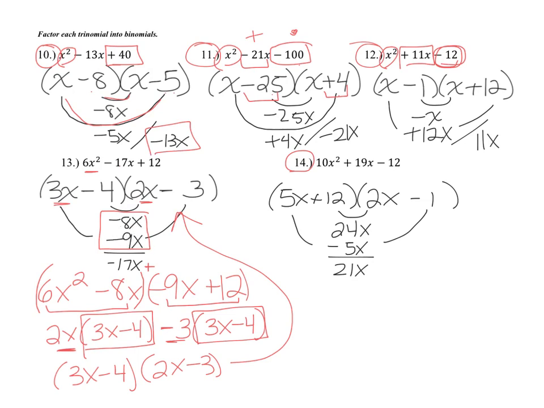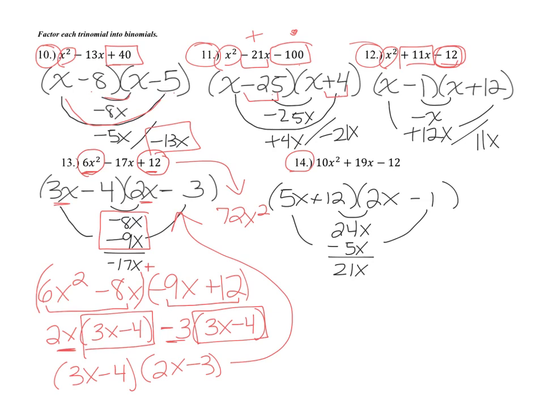Negative 8x times negative 9x, well, that's 72x squared, right? Let's think about this. The reason this problem is difficult is because of the 6x squared. Well, let's look. If I multiply these two terms together, 6x squared times 12, go ahead, grab a calculator, do it. 6 times 12, oh, that's actually 72x squared.